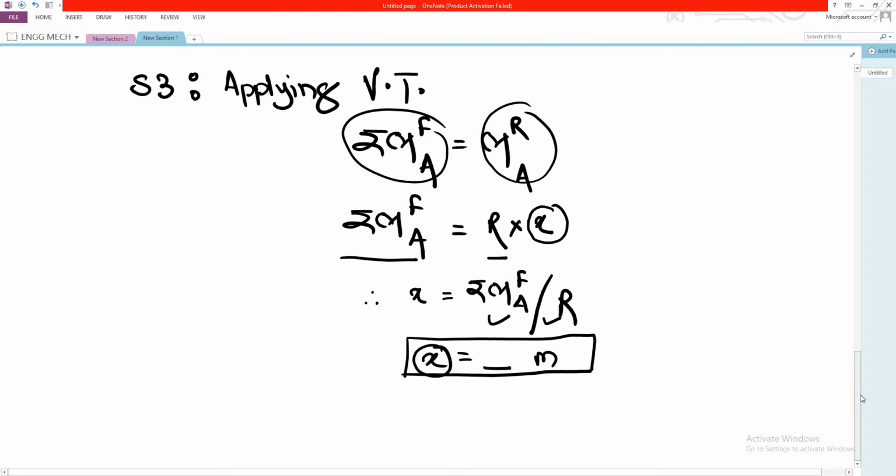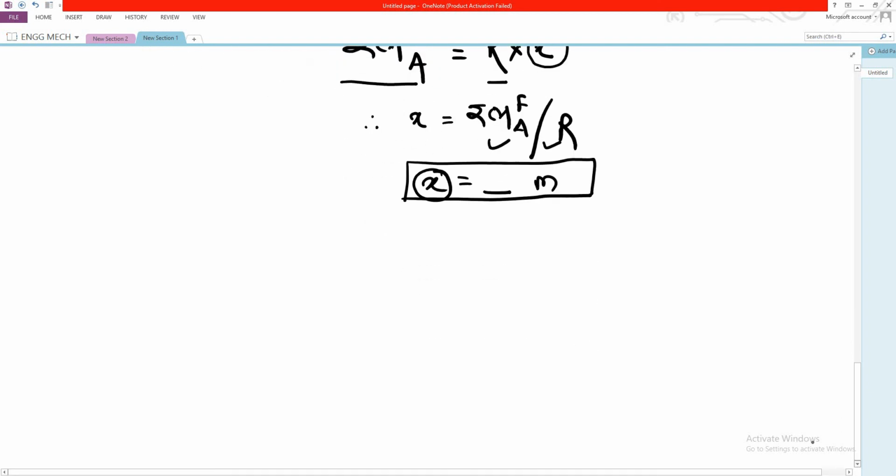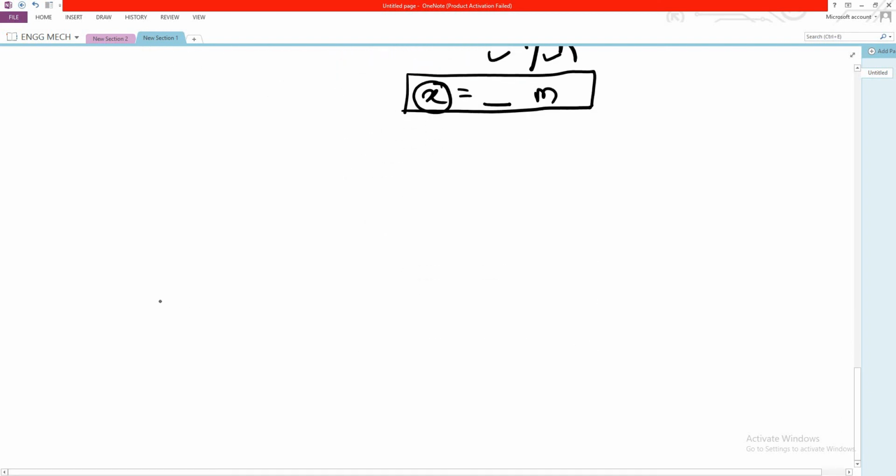Okay. So the final thing that we have to do regarding this specific problem of Varignon theorem is that we have to redraw the given diagram, and in this diagram we have to replace the given forces by the resultant. See, in case the resultant is positive, then we will be putting the arrow like this, because the arrow is indicating a positive direction. See, there may be 4 cases here.